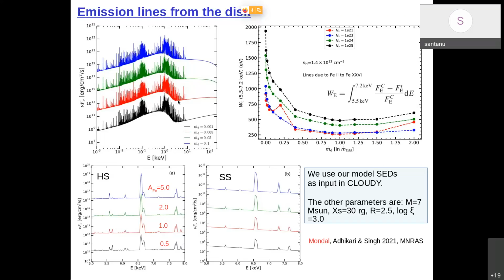In the top left panel, we considered all possible emission lines, but our interest is only in the iron lines, the lines around 6.4 keV.